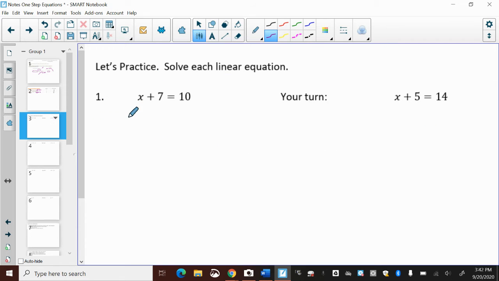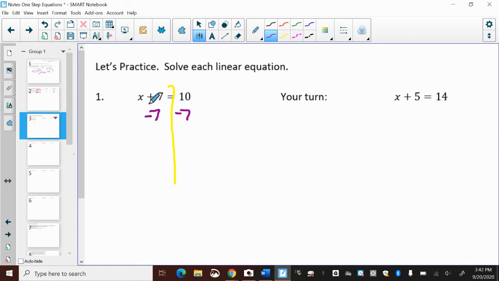So let's do a few of these. I want to solve for x. I want to isolate this x, get it by itself. That means this positive 7, we're looking at the sign in front, needs to be moved to the other side. The inverse of adding is to subtract. And what you do to the left, we do to the right. Some people like to put a little wall down just to make sure you're doing the same thing to both sides.